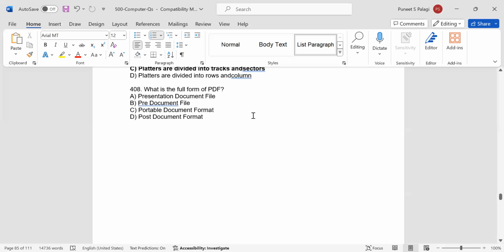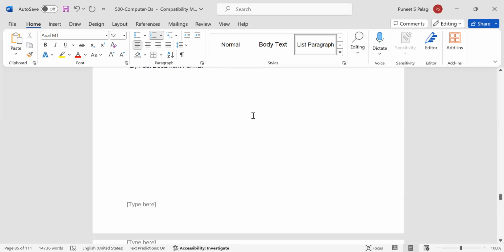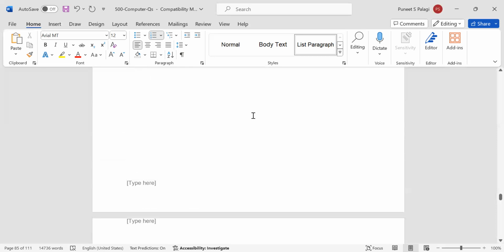What is the full form of PDF? Presentation document file, pre-document file, portable document format, post document format. Very easy. It is option C. It is portable document format.